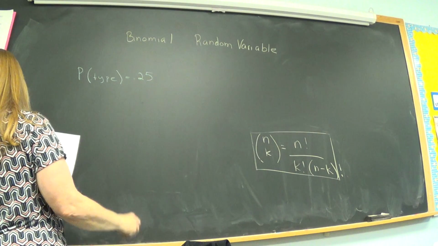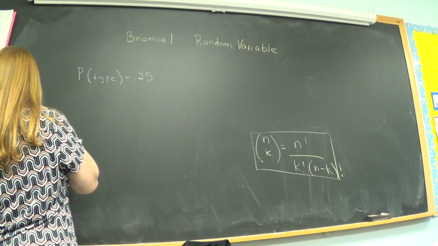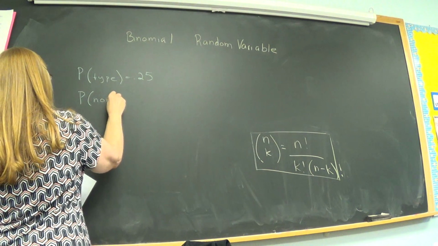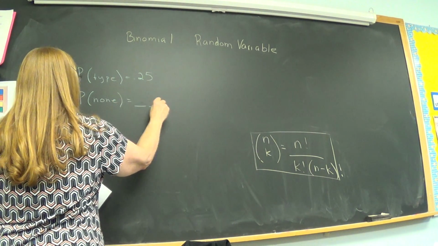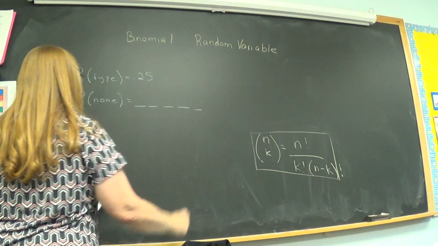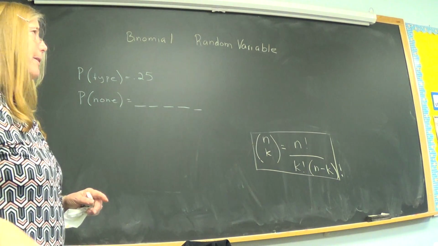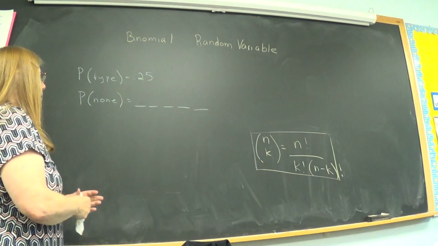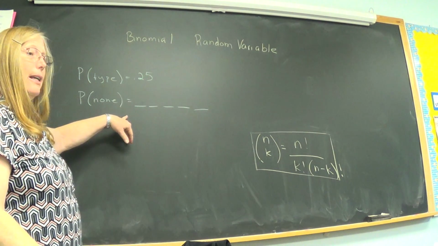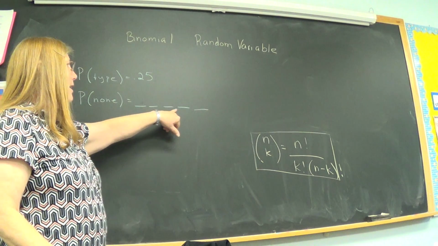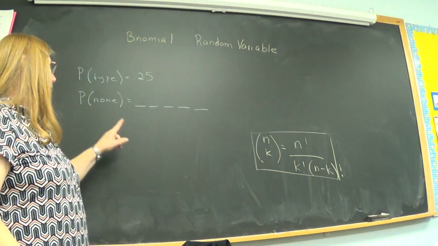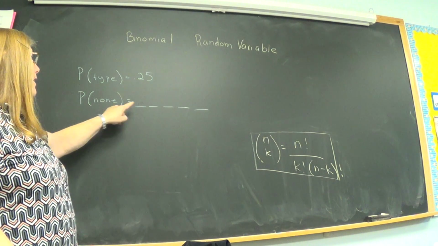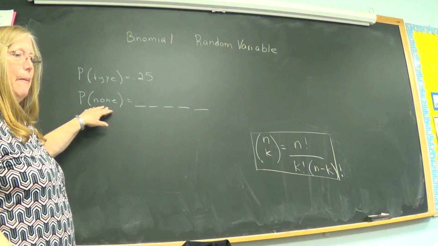Now let's talk about the probability of no O. To calculate that, we know these are independent, so we can multiply each of the probabilities.